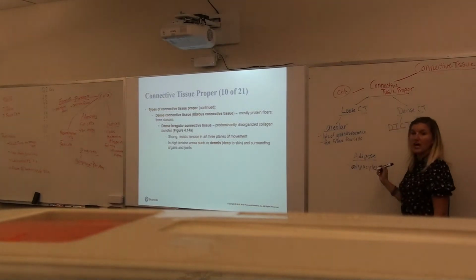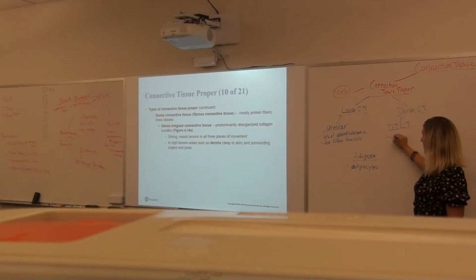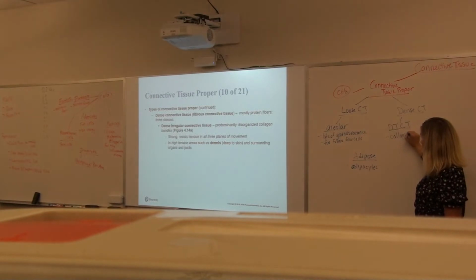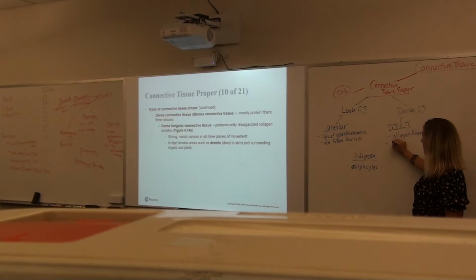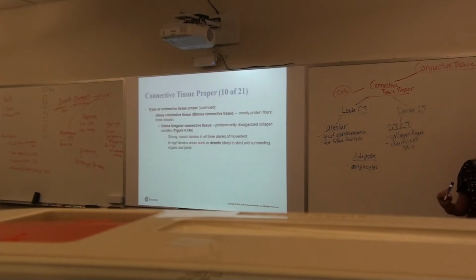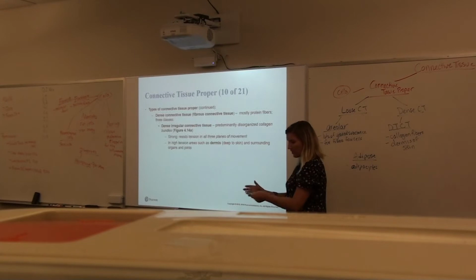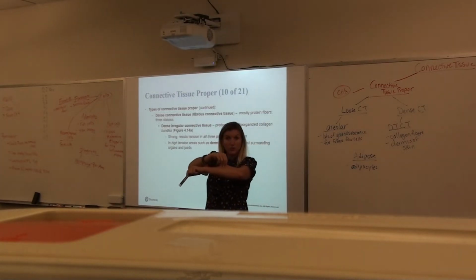And it's primarily collagen fibers. So it's densely packed collagen fibers. And this is found in the dermis of our skin. You'll see where that is and what it does in the next chapter. But this is one of the reasons why, if you pull your skin up, it only goes so far.